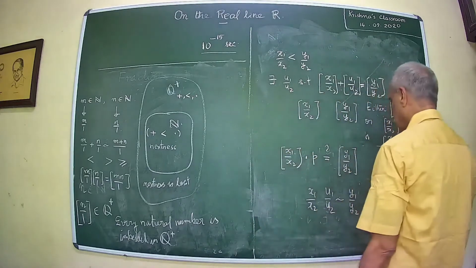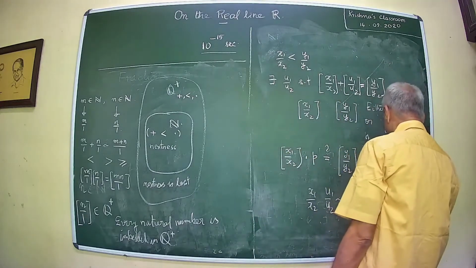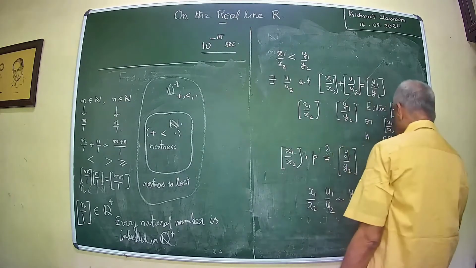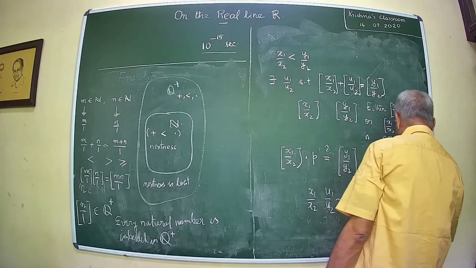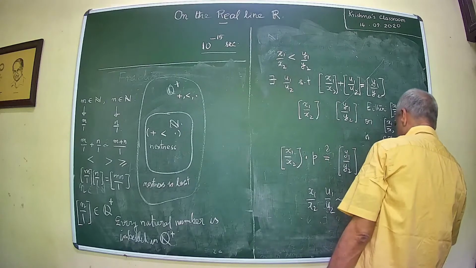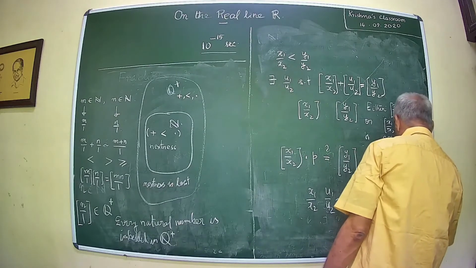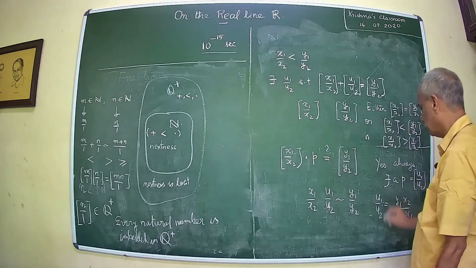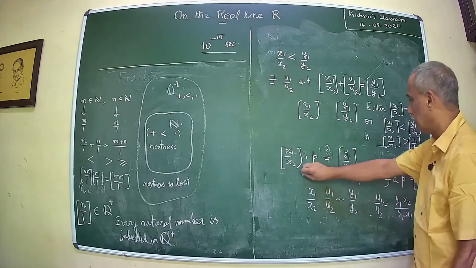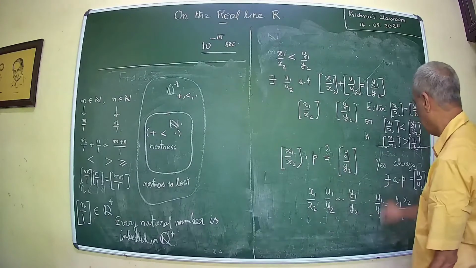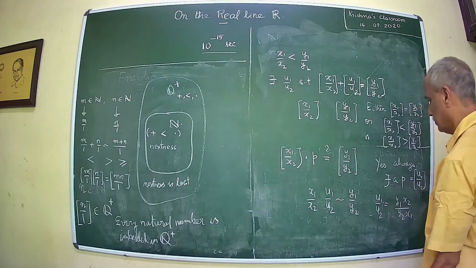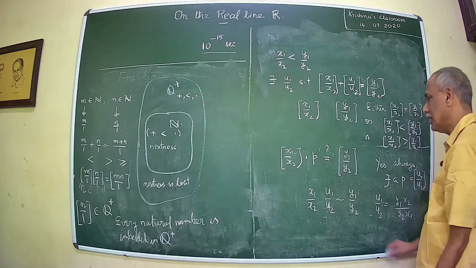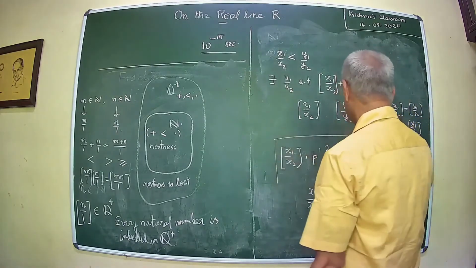You can manufacture u1 by u2 as y1 x2 by y2 x1. You choose this, then you have this property. So p will be equivalent to u1 by u2. So this equation always has a solution.